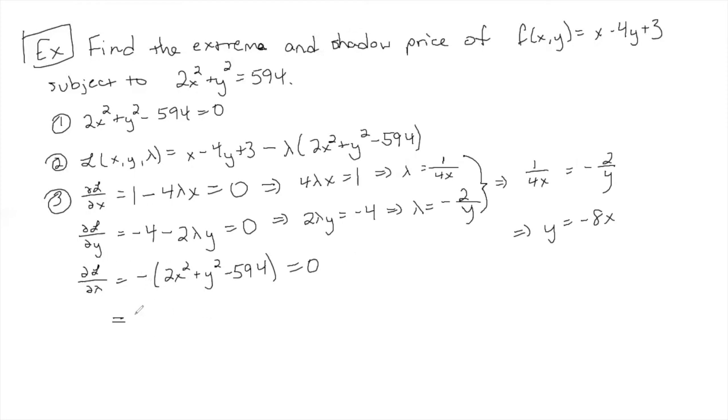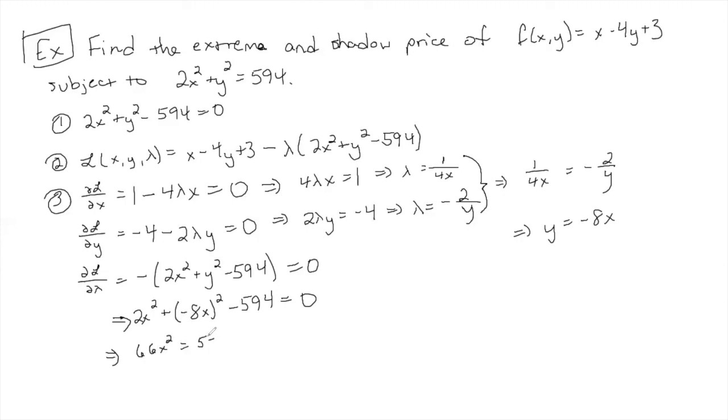And I get 2x squared plus negative 8x squared, minus 594, which implies equals 0. Okay, so I get 2x squared plus 64x squared, which gives me 66x squared.